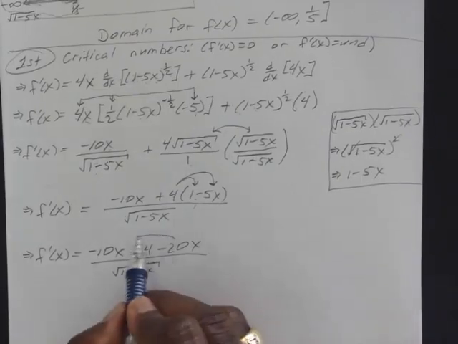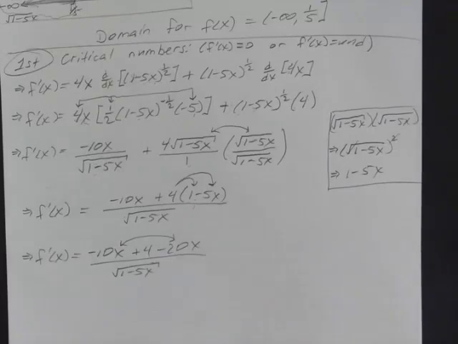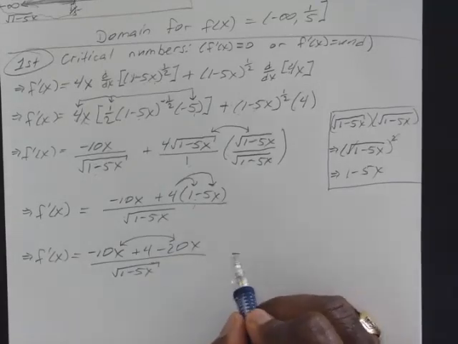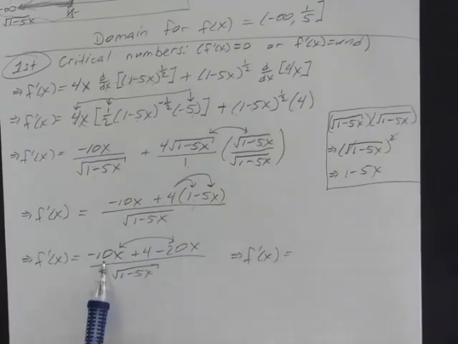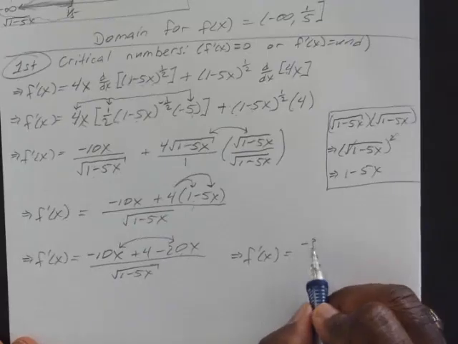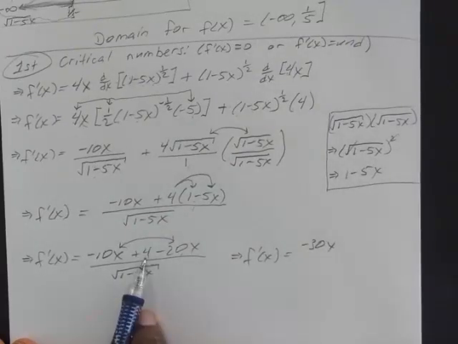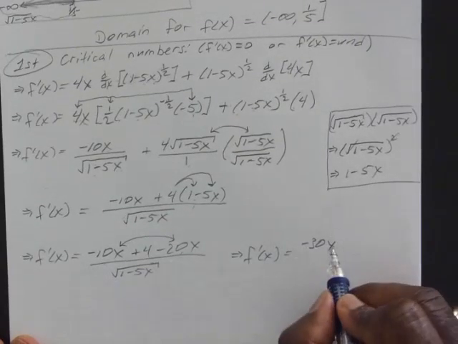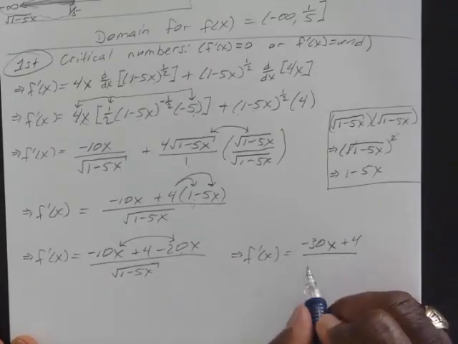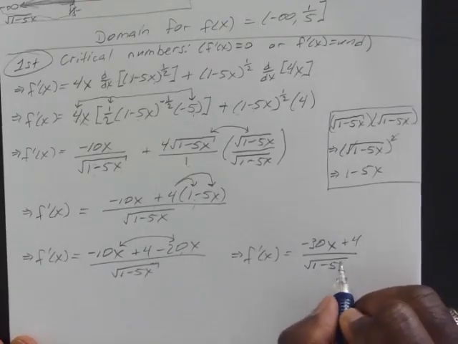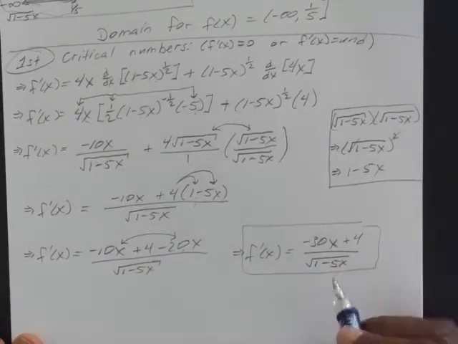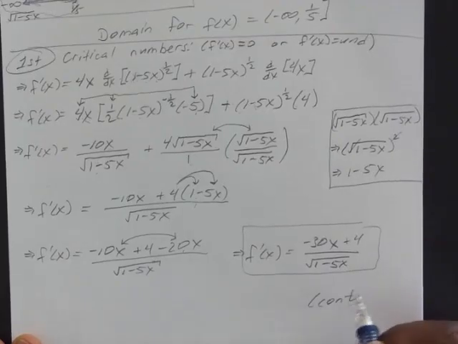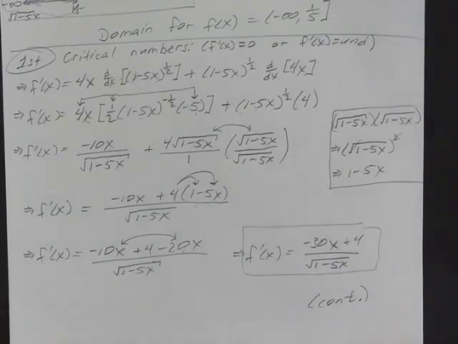So if we go ahead and combine these like terms, we end up with f prime of x is equal to negative 10x minus 20x is negative 30x, plus that 4 that's still hanging around, divided by the square root of 1 minus 5x. And we'll continue that on the next page.